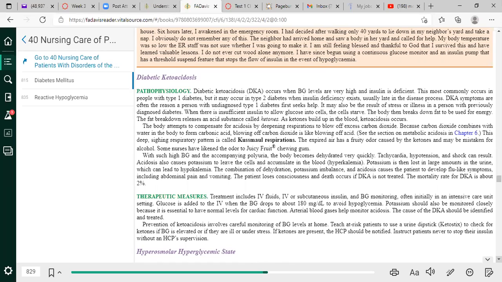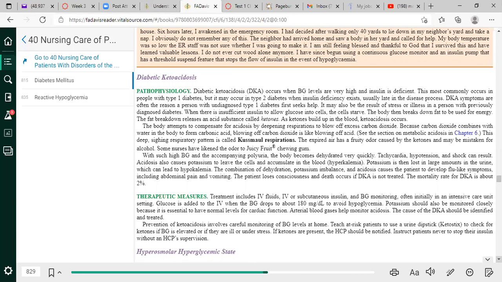As the ketones build up in the blood, ketoacidosis occurs. And when ketoacidosis occurs, the body attempts to compensate for acidosis by deepening respirations to blow off excess carbon dioxide.